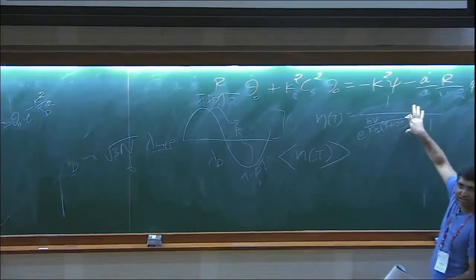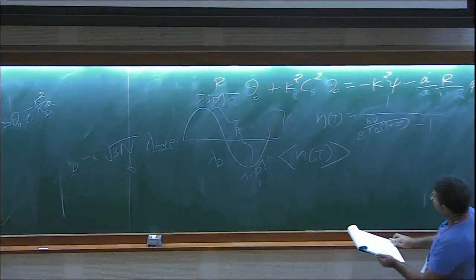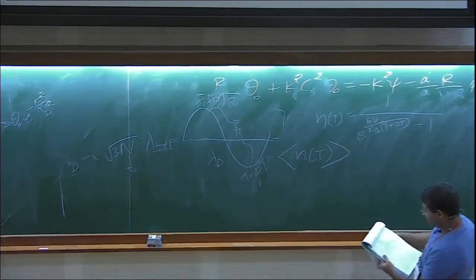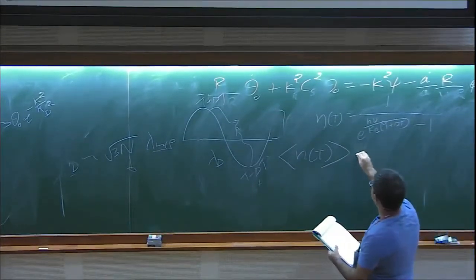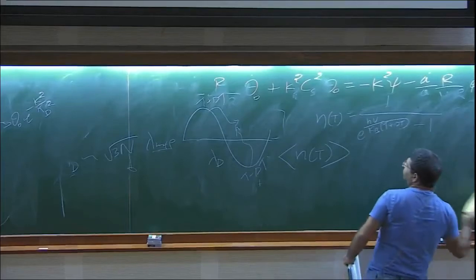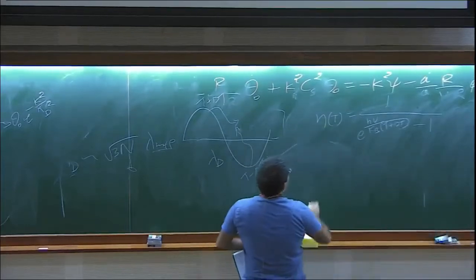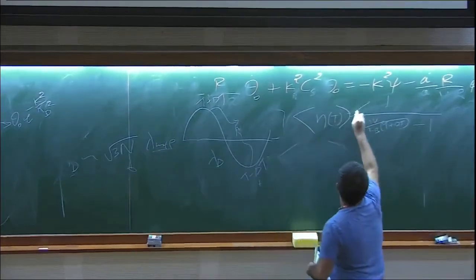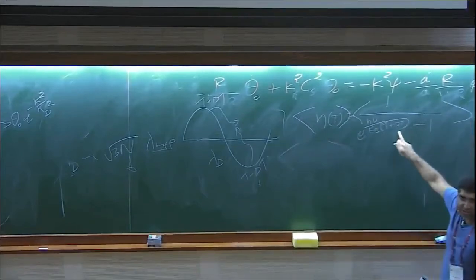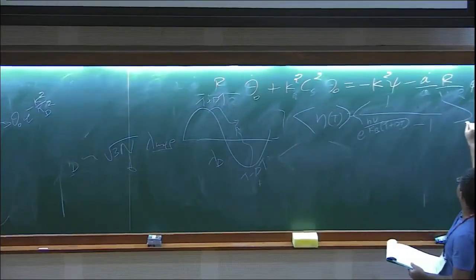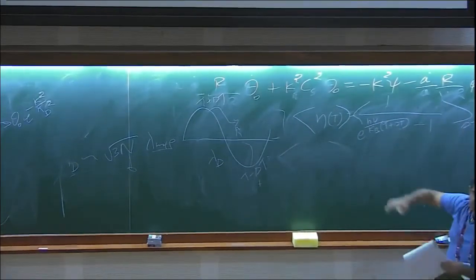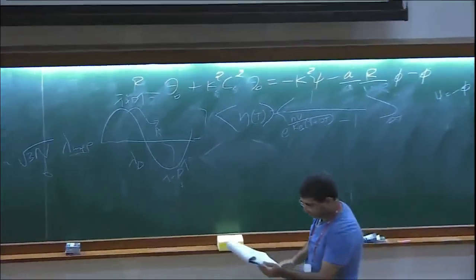We can actually do a Taylor series expansion of this and calculate this. So we want to calculate the average over all temperatures. This average is over the distribution of temperatures which are mixing together.